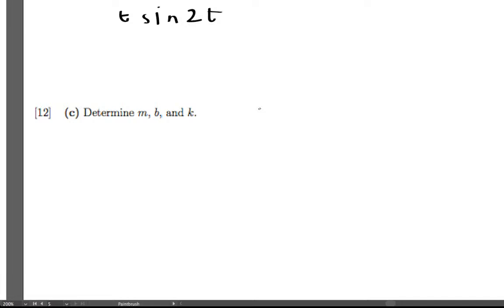Wait, actually, that might be the crazy method. M is 2. Yep, figured that out. B is 0. Therefore K would be 8. Yep. So for me personally, I just figured out what half t sine 2t is, plugged it into the formula, and then you get m is 2, b is 0, and k is 8.